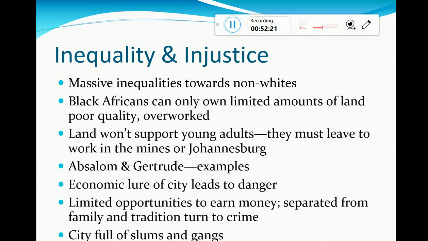There are also great inequalities in the economic layer of the city that lead to danger. For example, Gertrude went there to look for her husband. Unfortunately, when she got there, she turned out to be a prostitute and also became involved in the life of selling illegal alcohol.